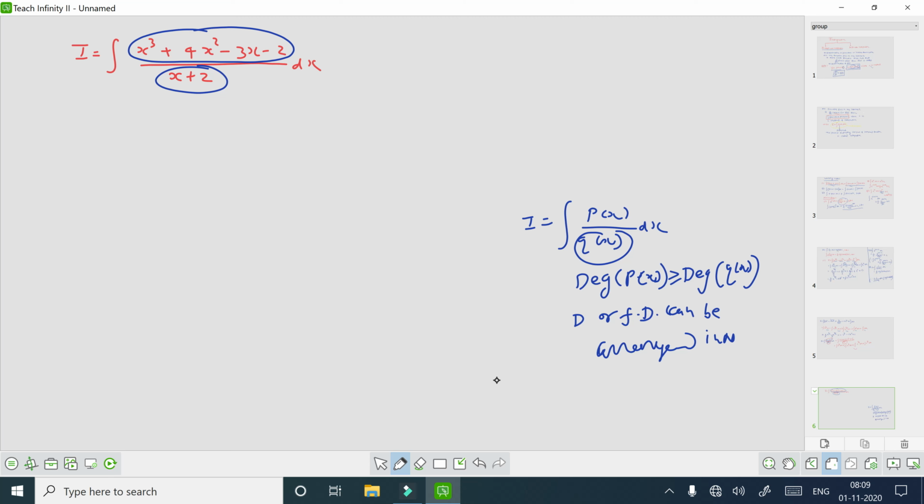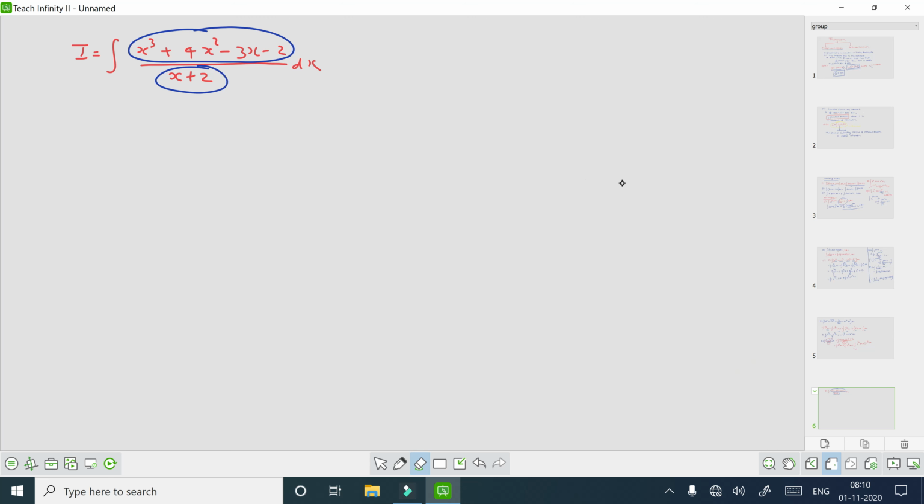Clear? Keep this very important thing in mind. Whenever you are integrating a polynomial form, whenever numerator and denominator are polynomials, and the degree of numerator is greater than or equal to the degree of denominator, then the denominator or a factor of it can be arranged in the numerator. So use this standard form here.